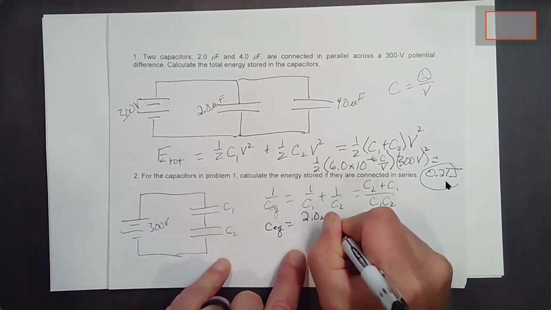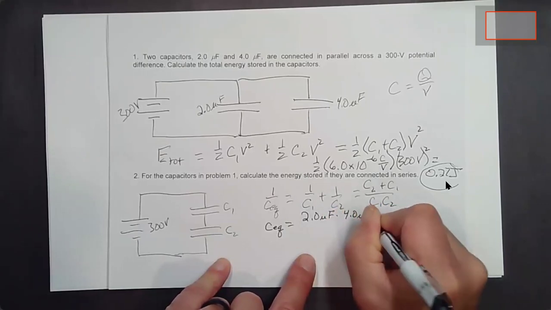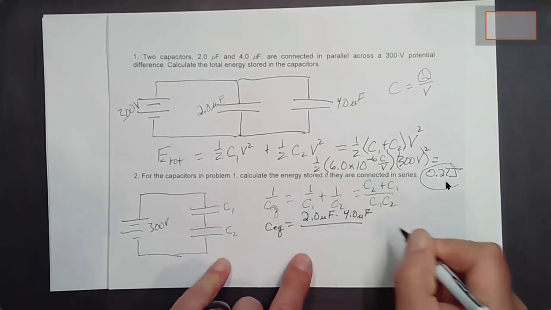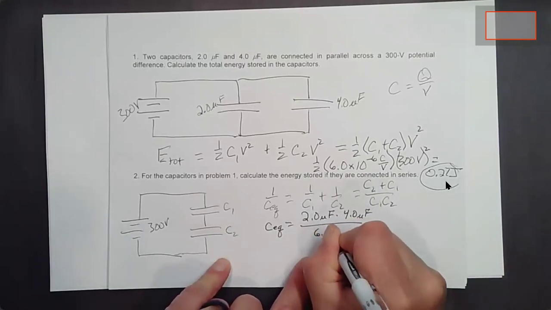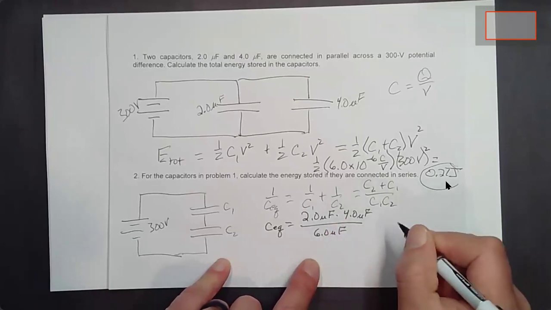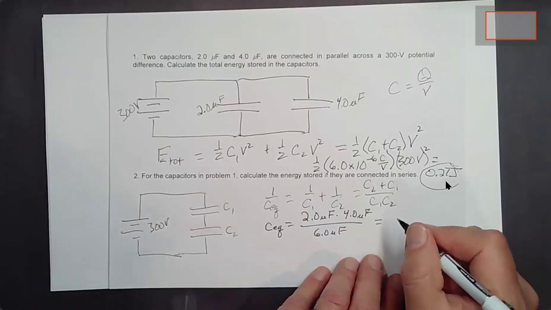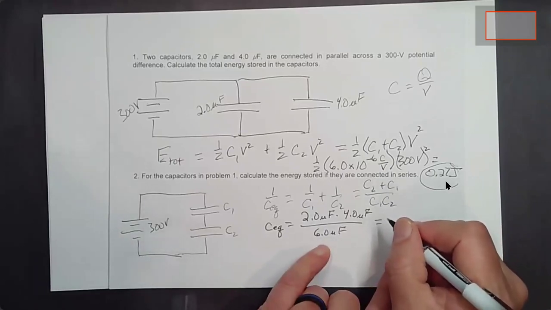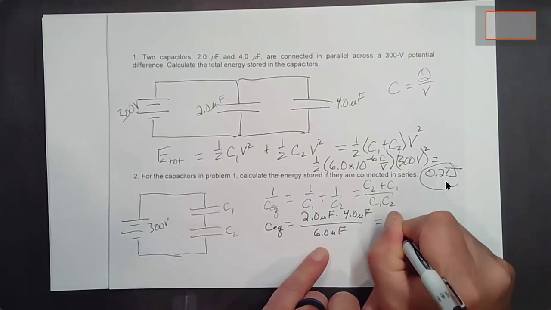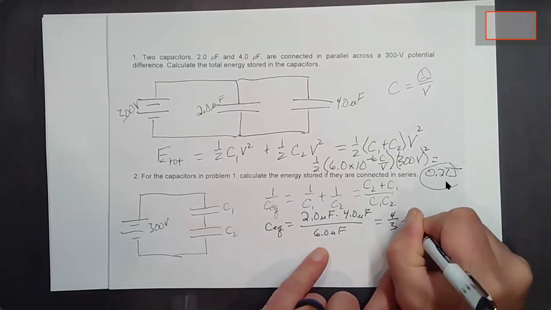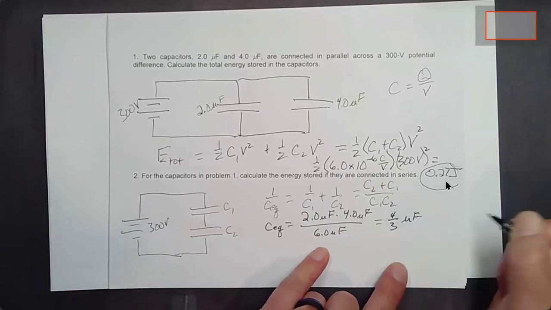2.0 microfarads times 4.0 microfarads divided by 6.0. So unit-wise, we end up with microfarads, and that looks like 8 divided by 6, which is 4/3 of a microfarad, or 1.33 microfarads.